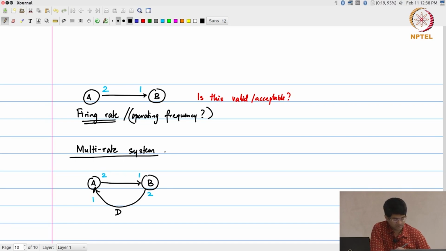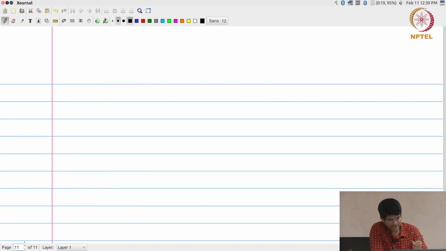What would you say is going to happen in this data flow graph? Let's understand this a little bit better. I'll just redraw it quickly over here so that we can look at the firing sequences.